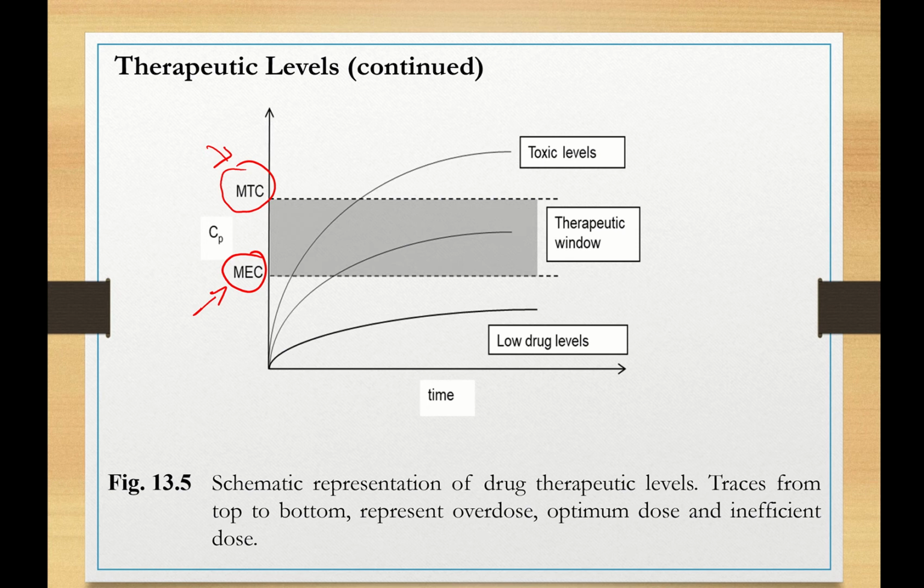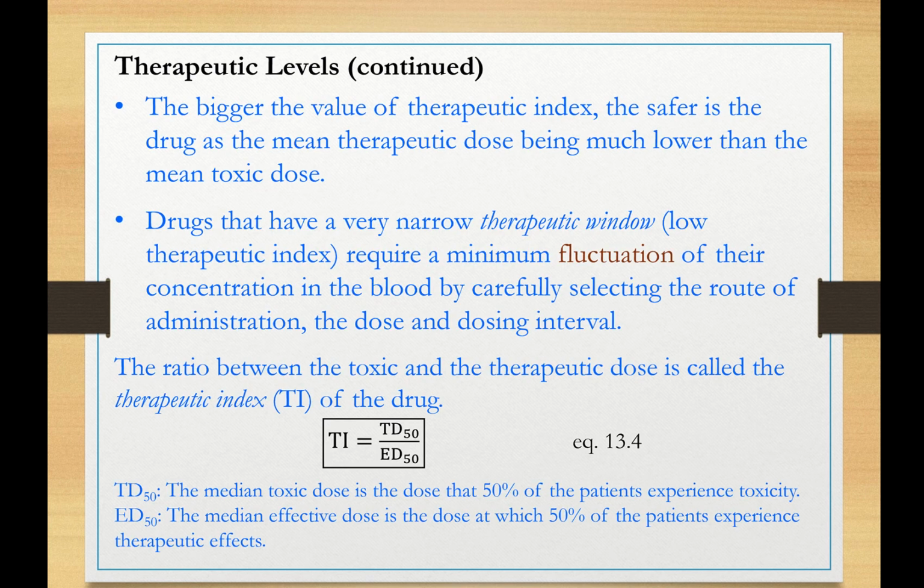Now, the therapeutic levels is actually the range of these concentrations, from the effective concentration to the toxic concentration, okay? Now, obviously, the bigger the value of the therapeutic index or therapeutic window, our therapeutic index is defined over here for us, the safer is the drug as the mean therapeutic dose is much lower than the mean toxic dose, right?